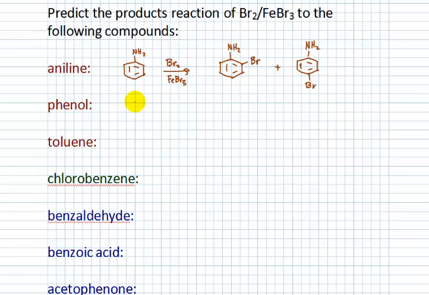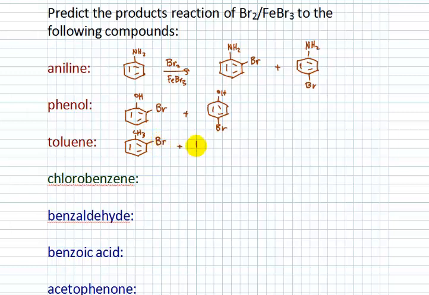Let's just draw the products here. Phenol, also ortho-para. So I can do ortho-bromo-phenol, and I can do para-bromo-phenol. Same with toluene, CH3.